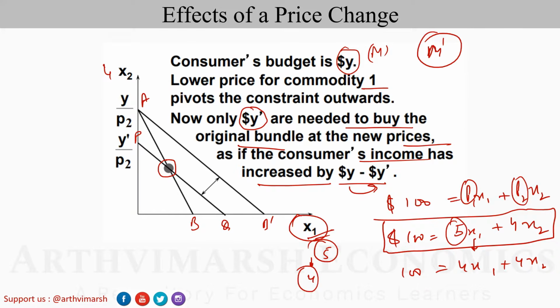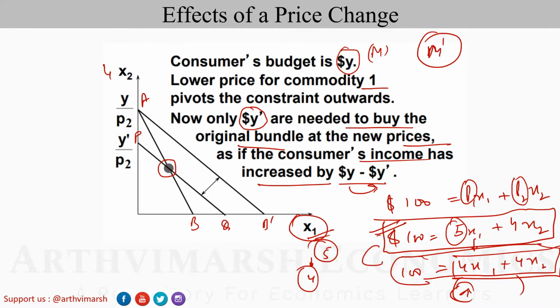But now if you observe your consumption bundle, it's going to definitely go up. The number of units of X1 and X2 which you could have consumed with the previous constraint will be less than with this new constraint. With the new constraint you can buy more X1 X2 bundles. So this is what is being highlighted by this shift of the budget line.